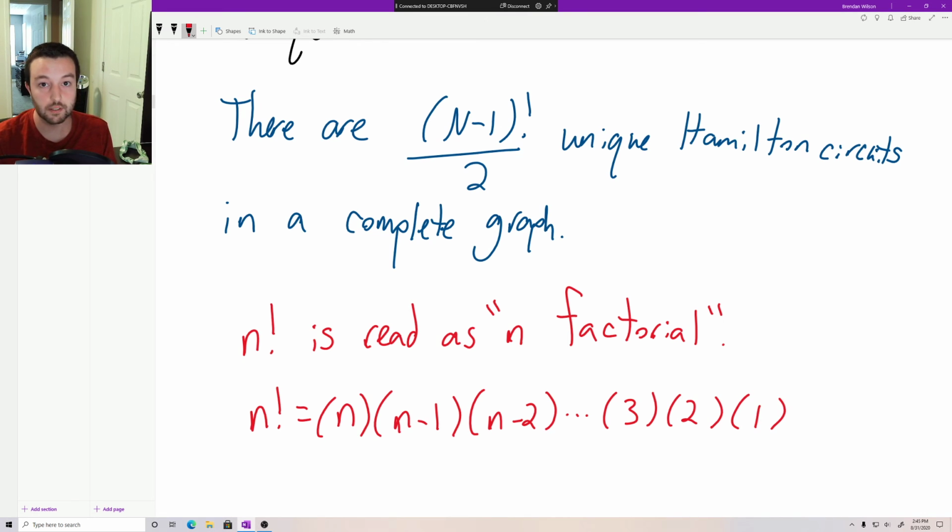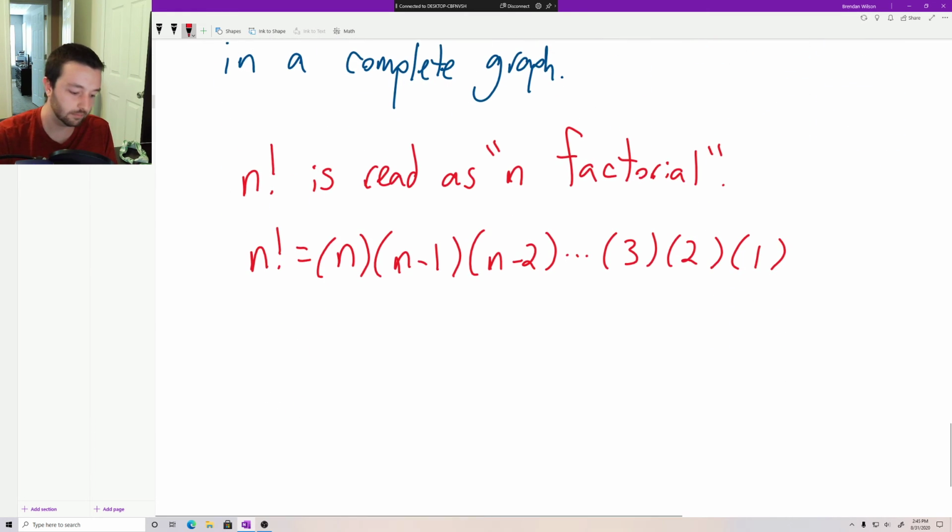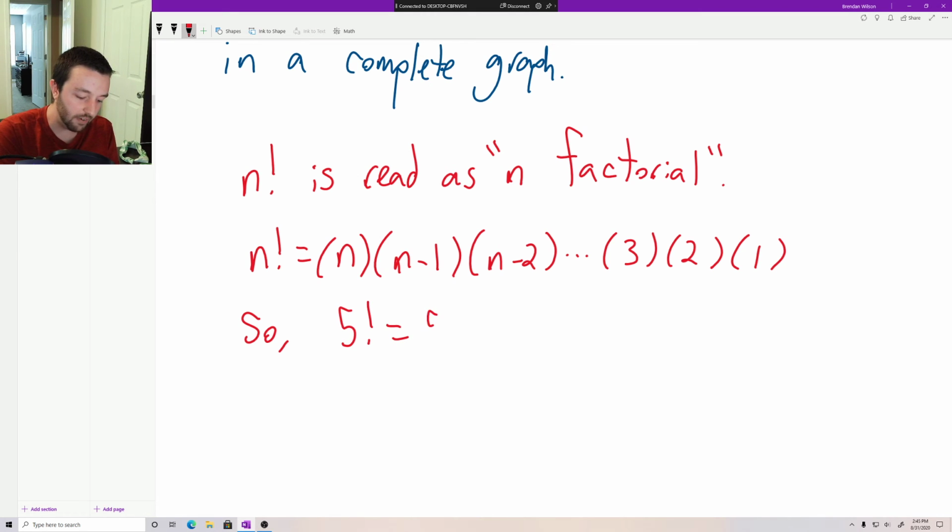So you take the number and you multiply it by every number smaller than it. So 5 factorial is 5 times 4 times 3 times 2 times 1. So it's that number multiplied by every number smaller than it. So this ends up being 120.